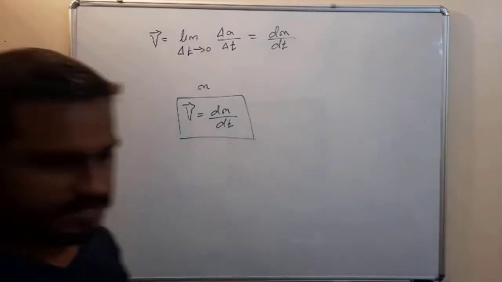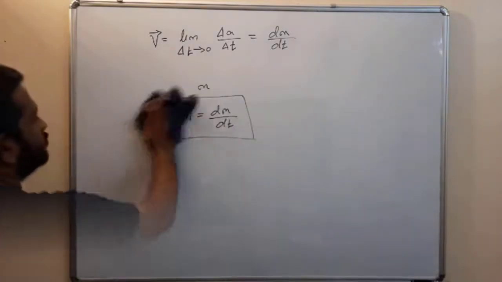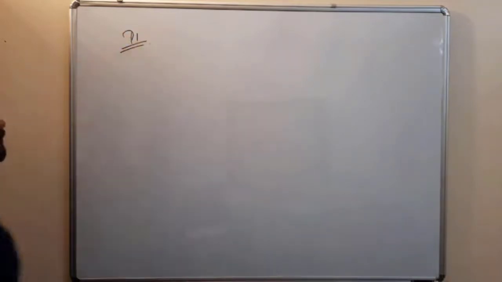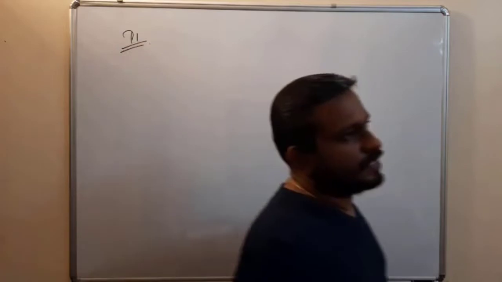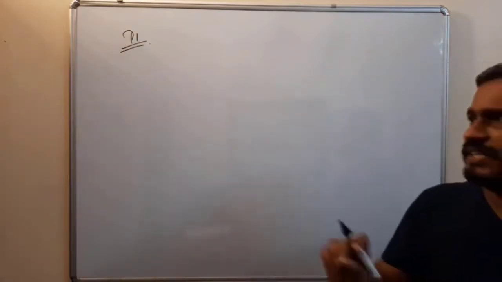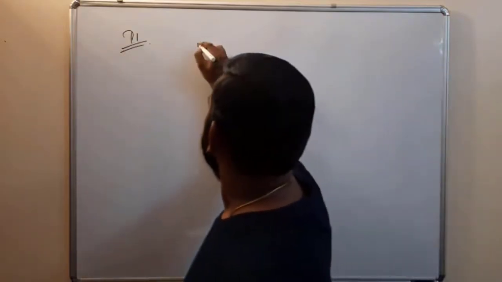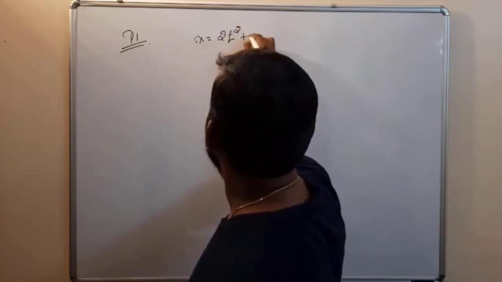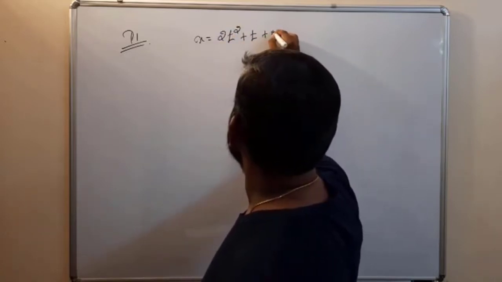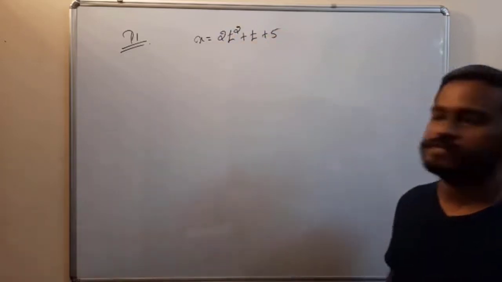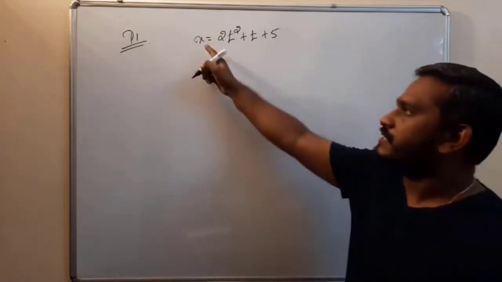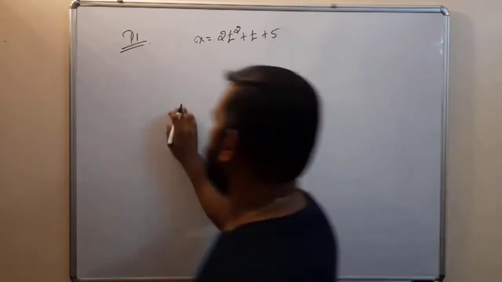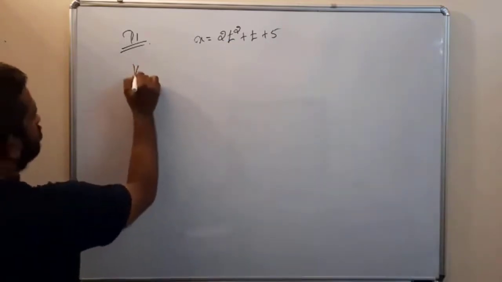Okay. Next we will solve the problems. That is the first problem. The displacement of an object moving in a straight line is given by x is equal to 2t square plus t plus 5, where x is expressed in meters and t is expressed in minutes.